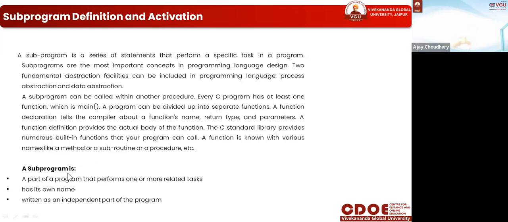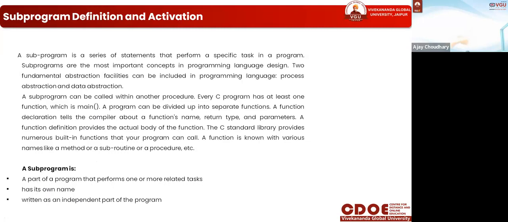So what is a subprogram? A subprogram is a part of a program that performs one or more related tasks. It has its own name and is written as an independent part of the program. When we write void main and int main, we write some kind of language sentences.